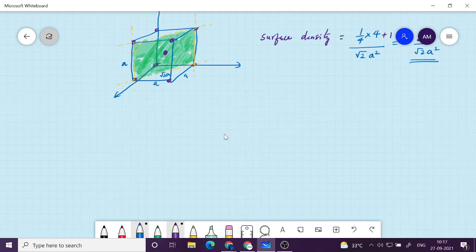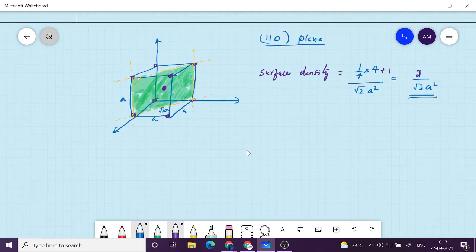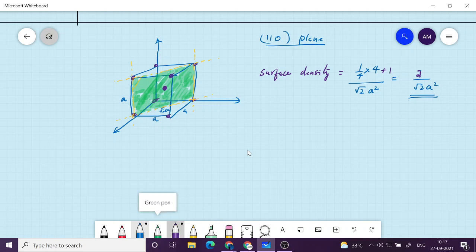The larger the surface density, the worse it is. That is a thumb rule.